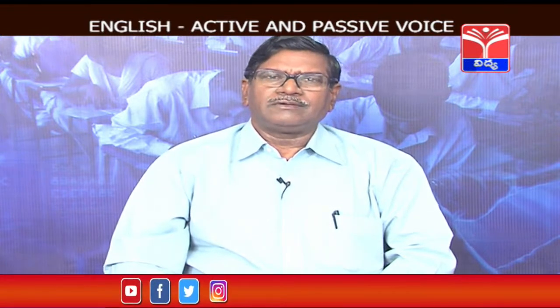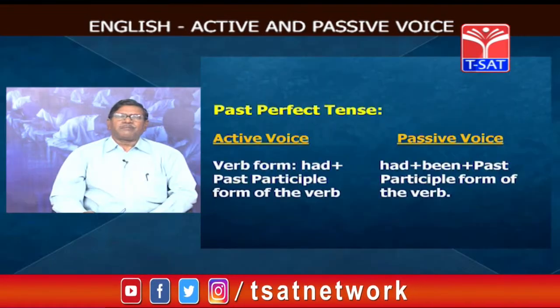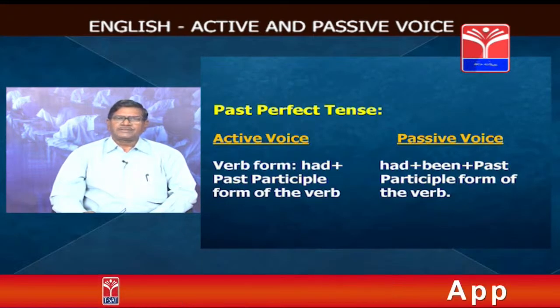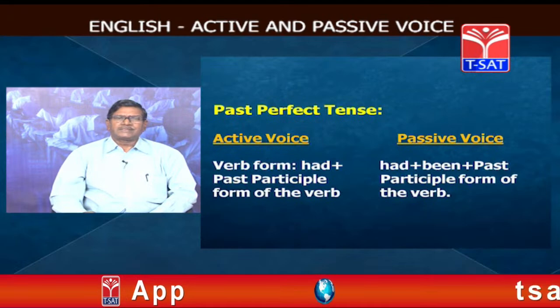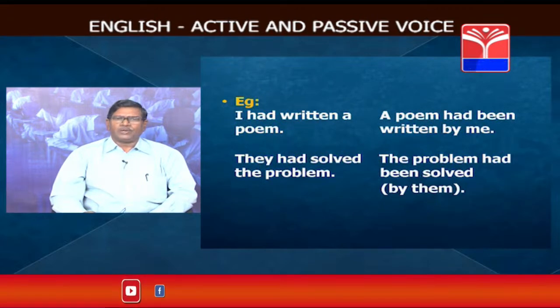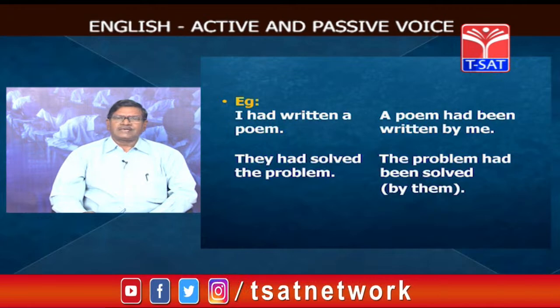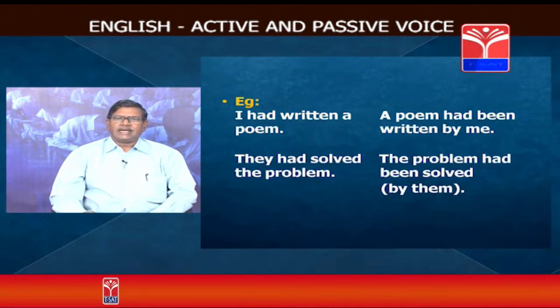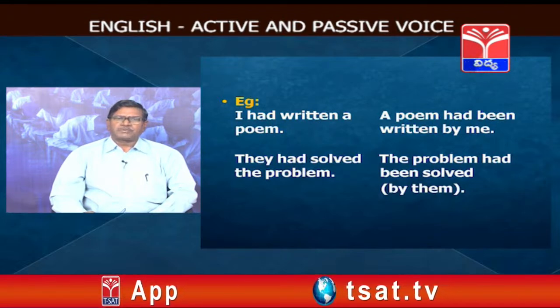Now, sentences in past perfect tense. In the past perfect tense, in the active voice, the verb form is had and the past participle form of the verb. I had written a poem. When it is converted into passive voice, the verb remains had, and in place of the past participle, be comes.